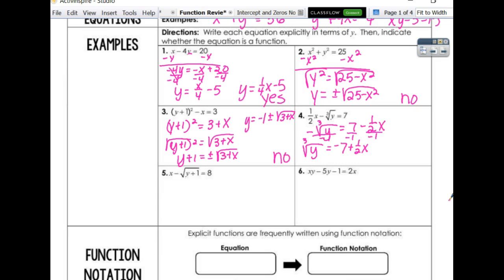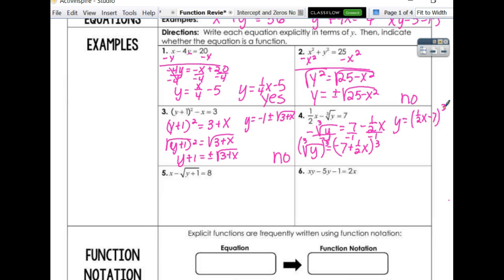Cube, right? We're going to cube both sides. So I end up with y equals (1/2 x minus 7) cubed.